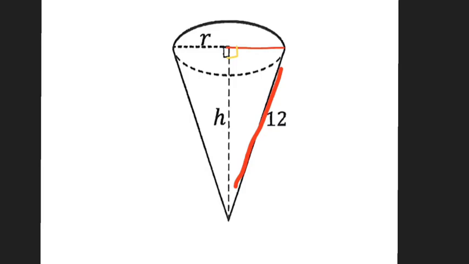So I have the information on the right hand side, that's why I'm going to utilize this side. The slant height is 12, so r square is equal to 12 square minus h square. I'm going to apply the Pythagoras.